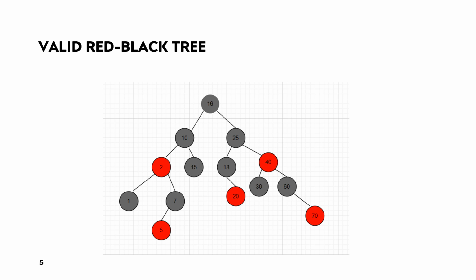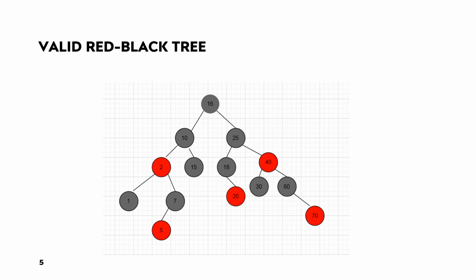It is easily identifiable as a red-black tree because of the red and black nodes present on the screen. But in order to be a valid red-black tree, we must first ensure that all properties are being met. As we can see, the root of the tree is a black node. And then we also see that there are no red nodes that have any red children. Then we also need to check if the same number of black nodes are in each given path.